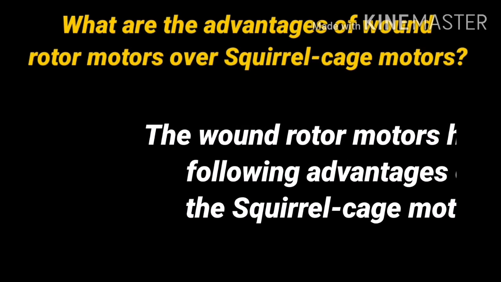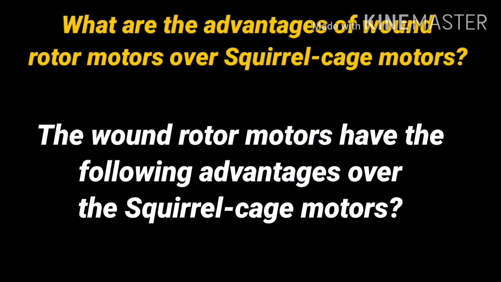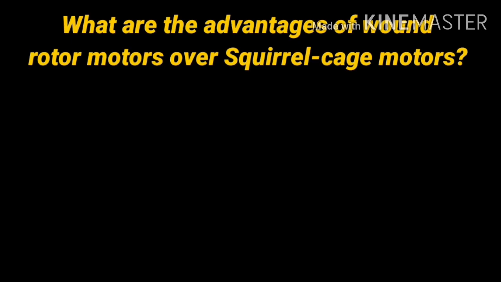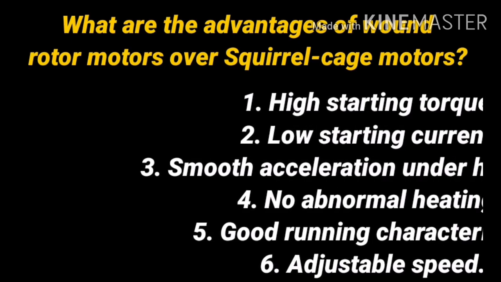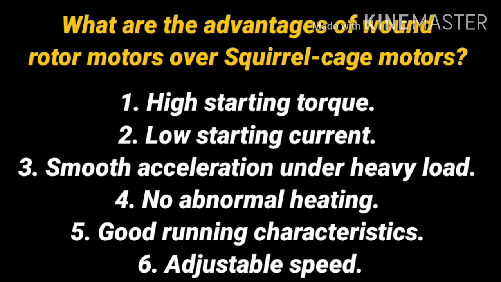The next question is, what are the advantages of wound rotor motors over squirrel cage motors? Wound rotor motors have the following advantages over squirrel cage motors. The first advantage is high starting torque.